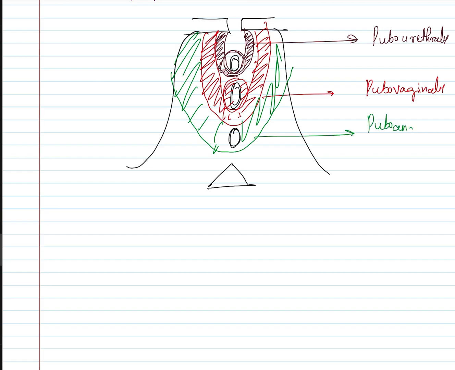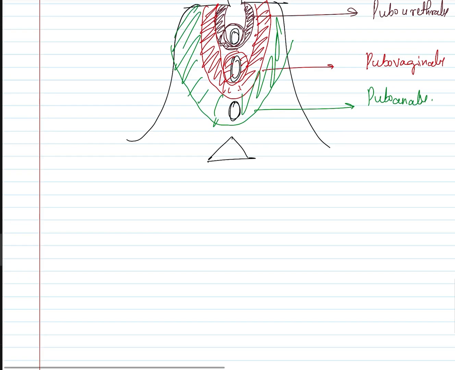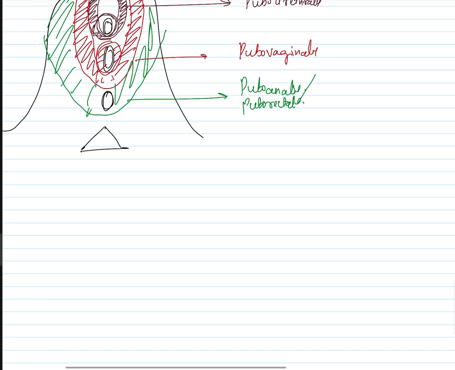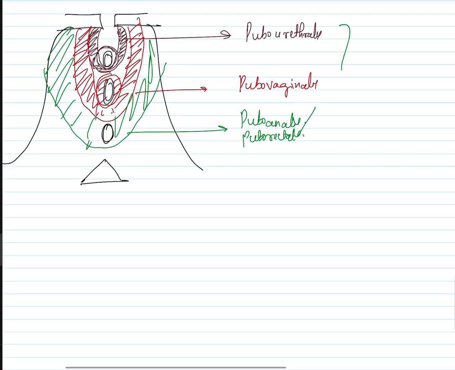This is your puboanalis or puborectalis. All these three are the modifications of your pubococcygeus muscle.